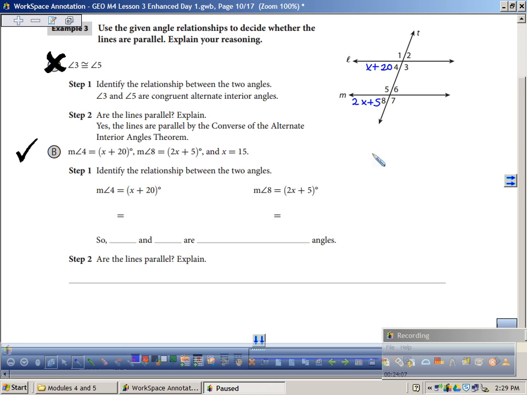Let's see. How about Madison? Madison, what has to happen between x plus 20 and 2x plus 5 for these lines to be parallel? Out of the 3 angle pairs we've been talking about today, what are 4 and 8? Why are they congruent?